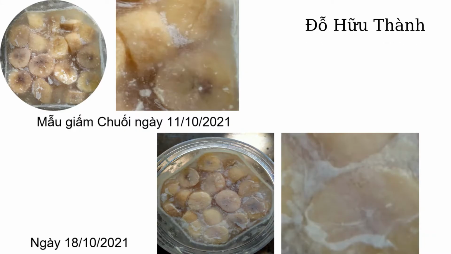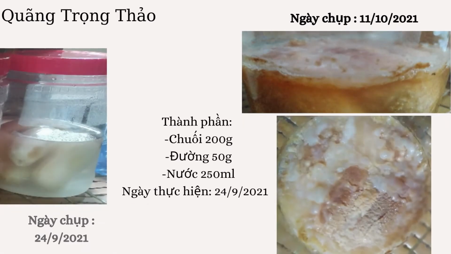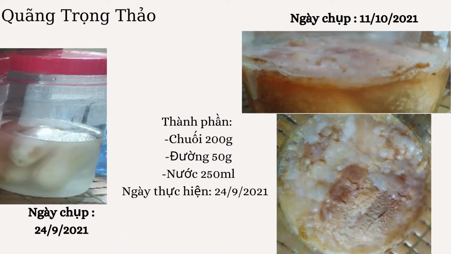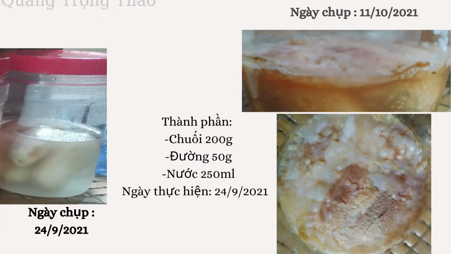The banana vinegar sample dated October 11, 2021, after shaking and removing the discarded film, still showed an upper layer of film, possibly due to bacillus bacteria infection, and on October 18 this layer became thicker. Another banana sample, on September 24, 2021, after 17 days, showed a white, tough layer, which is vinegar.